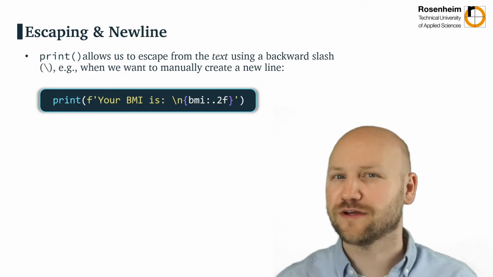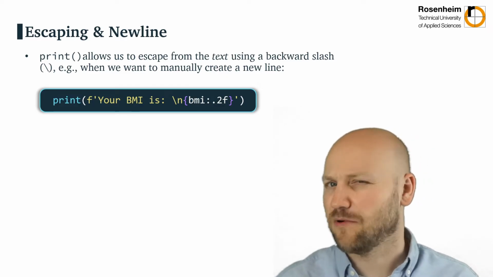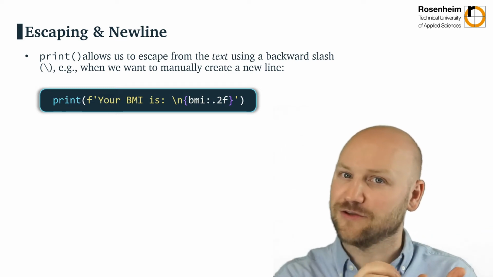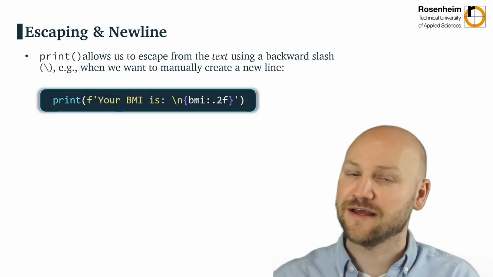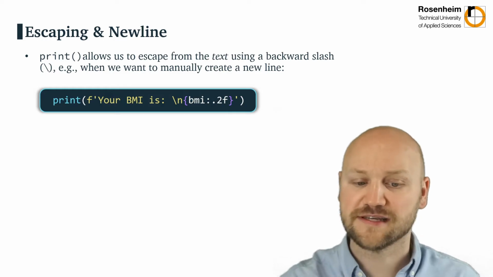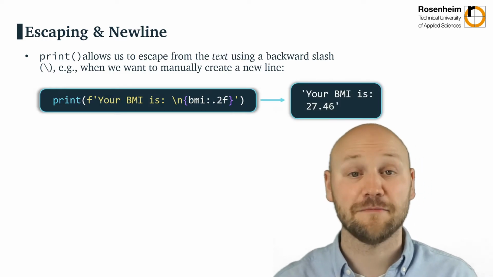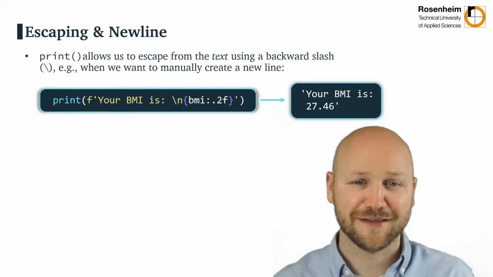I'm going to show you what is, I guess, the most important one. It's the command to have a new line. \n new line, and after the \n the text goes on. In this case, we simply have a \n before the number. This means, have a new line before the number.